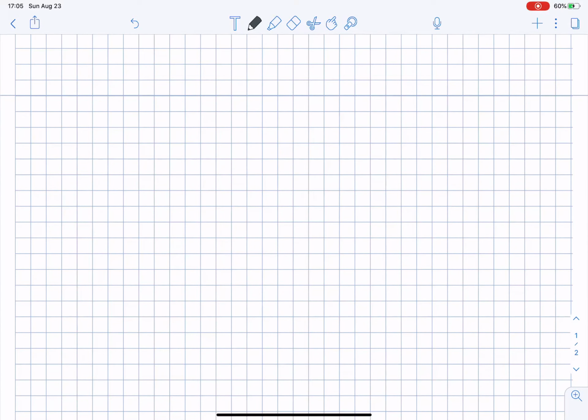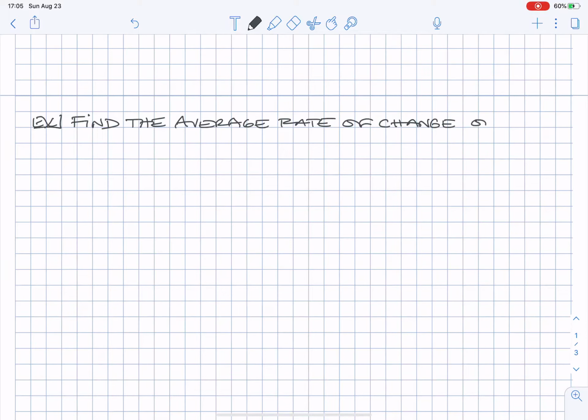So example. Find the average rate of change algebraically. Average rate of change on the interval.